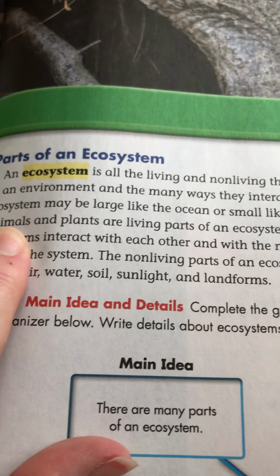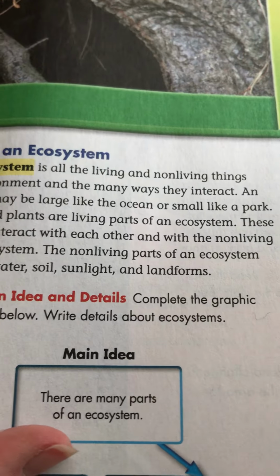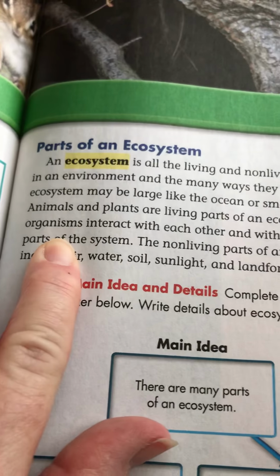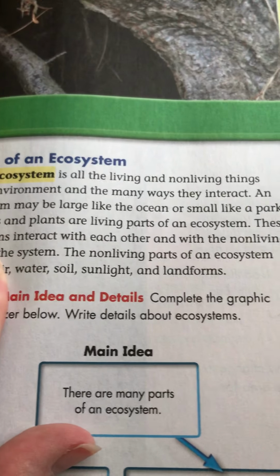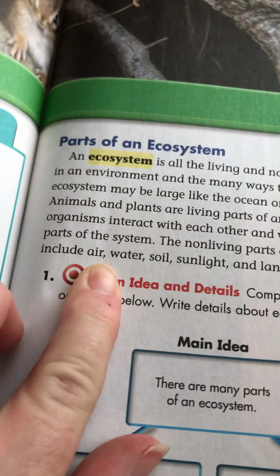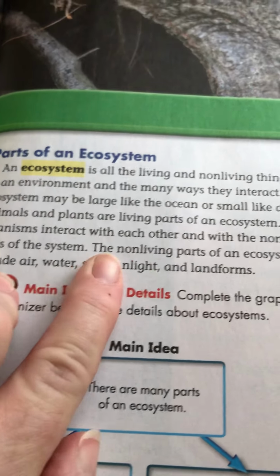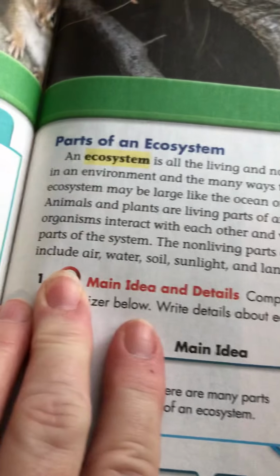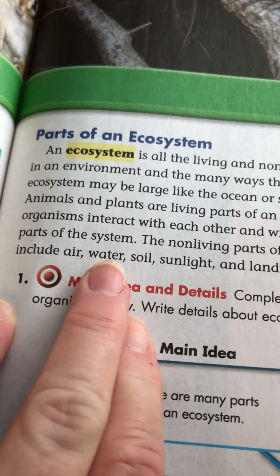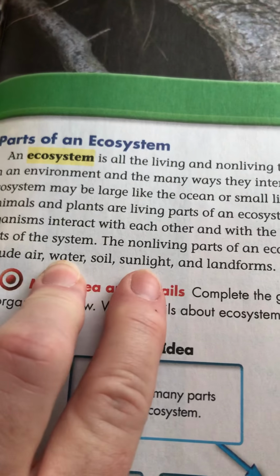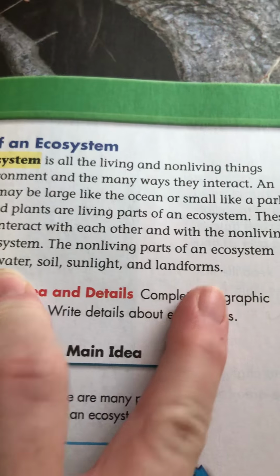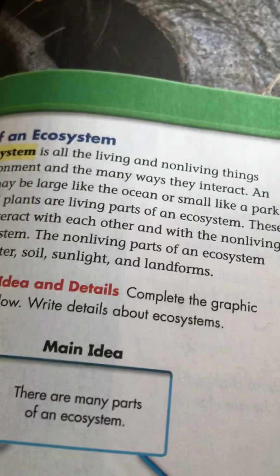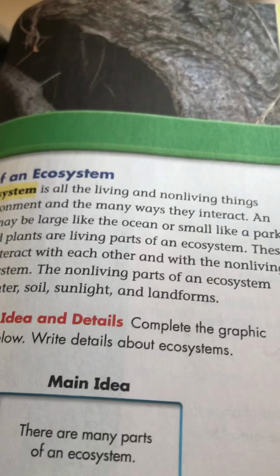Animals and plants are living parts of an ecosystem. These organisms interact with each other and with the non-living parts of the system. The non-living parts of an ecosystem include air, water, soil, sunlight, and landforms. Landforms. I didn't say that too good, did I?